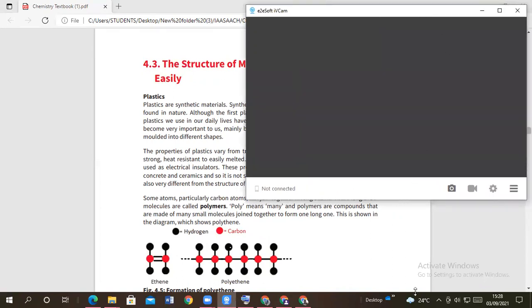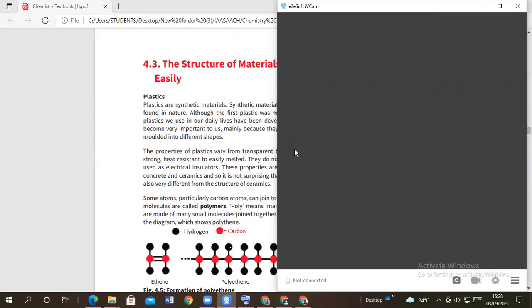Actually, you can even say, why don't they use concrete for making pots? Anena, why don't they use other material like concrete for making pots? I'm waiting.